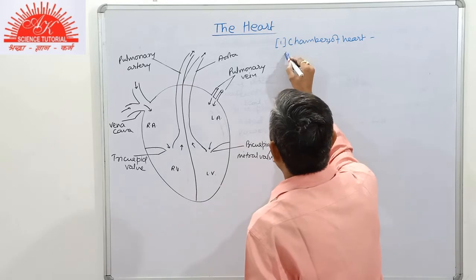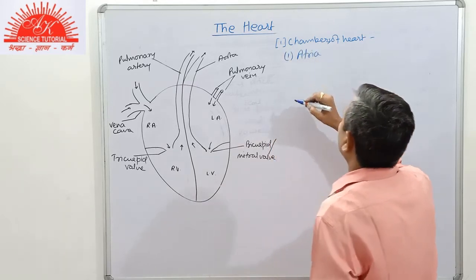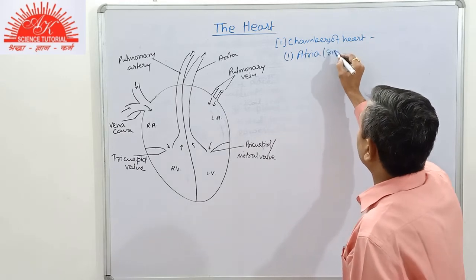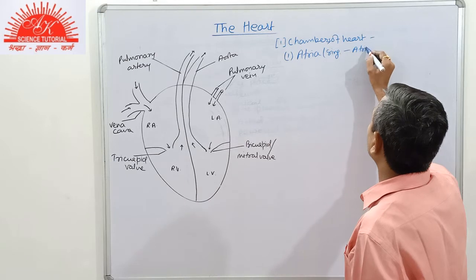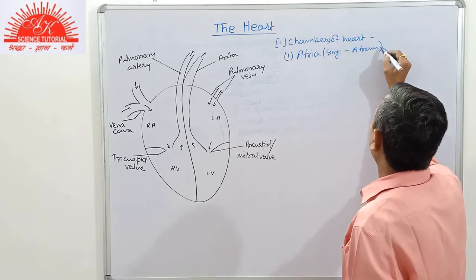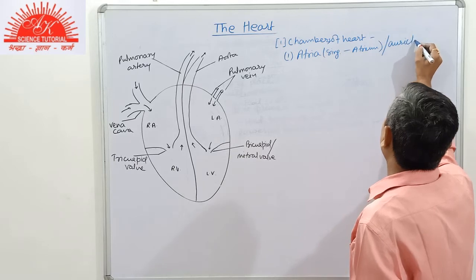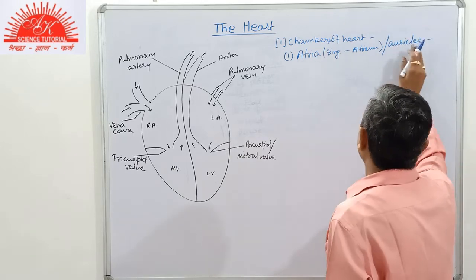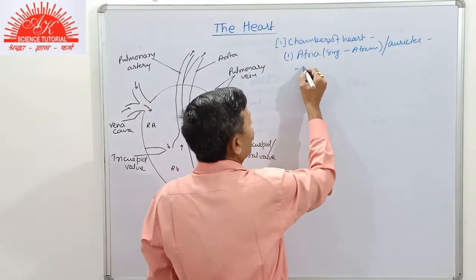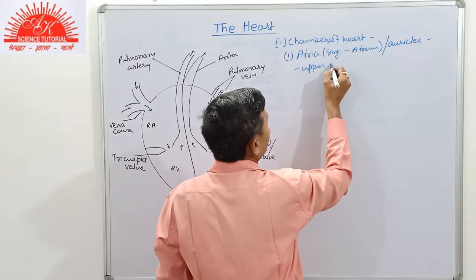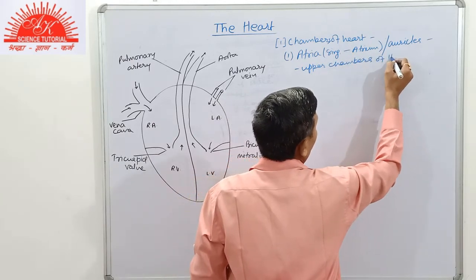First of all, we write here atria. Singular is atrium, or auricles. Auricles, that is atria or auricles. They are the upper chambers of the heart.